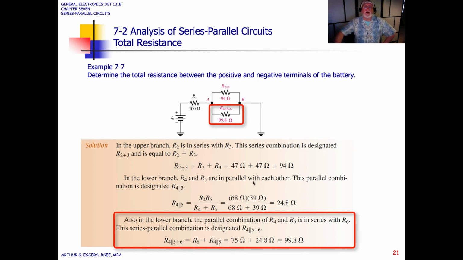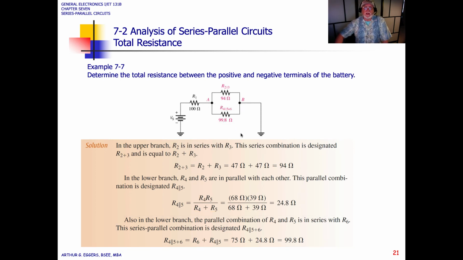So I've simplified the top branch and the bottom branch into those two values. Now I need to determine the parallel equivalent for 94 ohms and 99.8 ohms. In doing that, I'm going to take the product over the sum, come up with that value, and add it to 100 ohms.